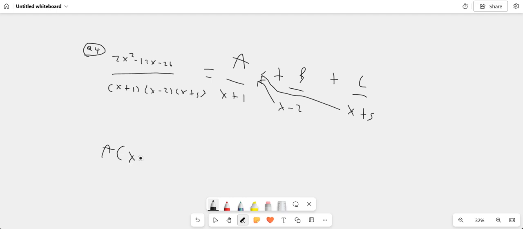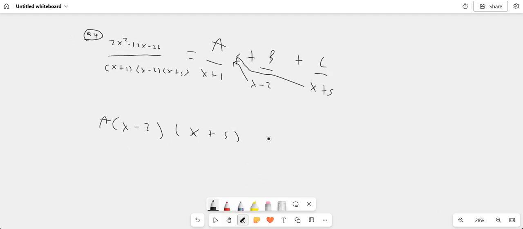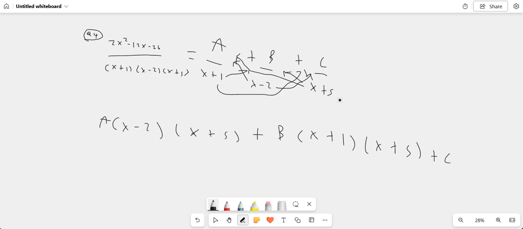So a, cross multiply x minus 2, and then cross multiply x plus 5. Plus b, and then times x plus 1 up here, and times x plus 5 up there, yeah? Cool. And then plus c, and times x plus 1 up there, and times x minus 2 up here, yeah?